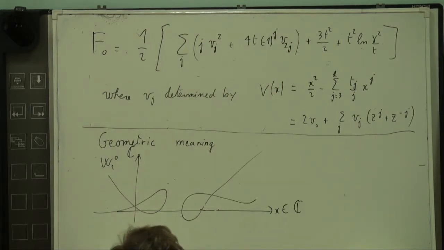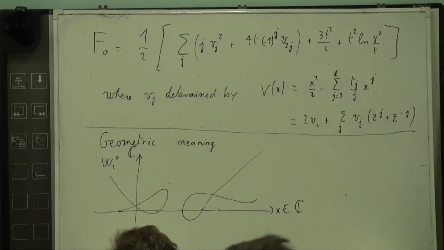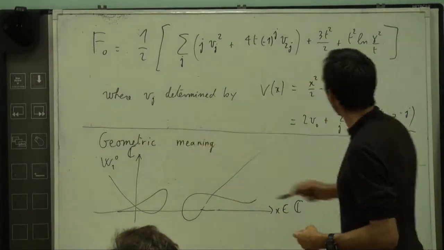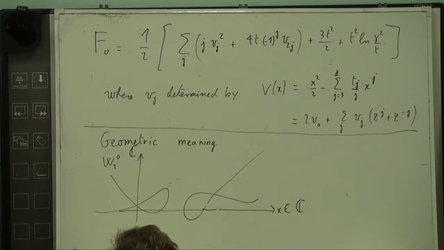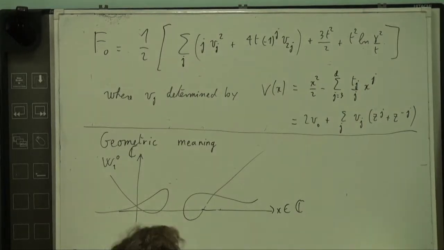What you can say is that w10 is an analytical function of x. So let's say you have an algebraic relationship between two complex variables, and a relationship between two complex variables means two relationships between four real variables.